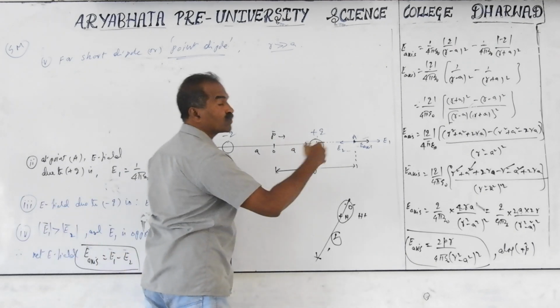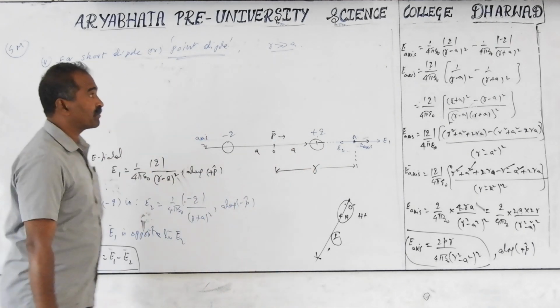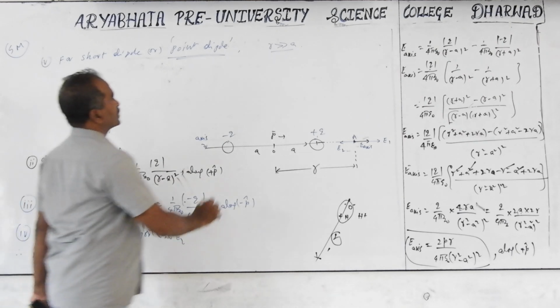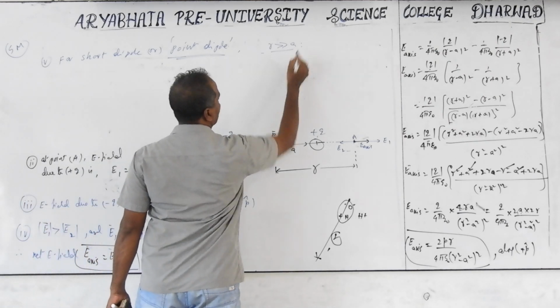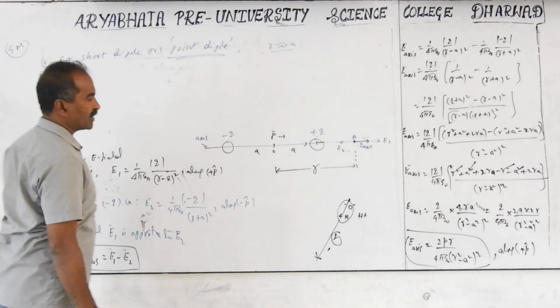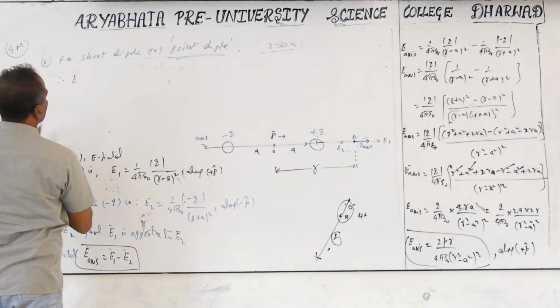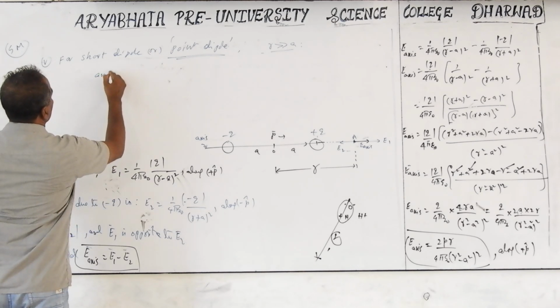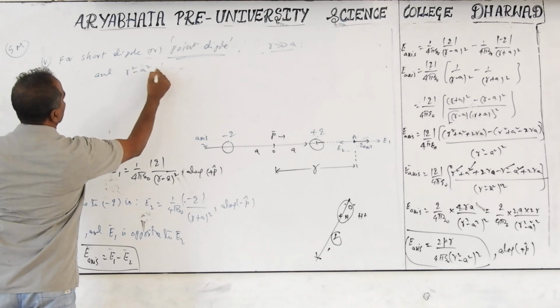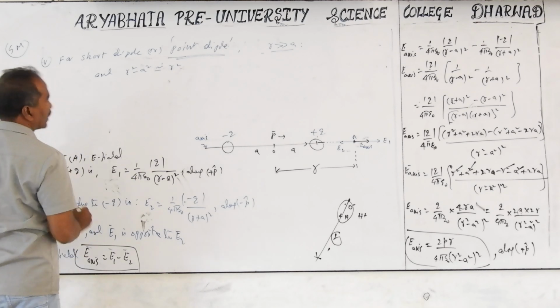These expressions are for points outside the electric dipole, not between the charges. R is much greater than a. Therefore, on the axis, r square minus a square is approximately equal to r square.